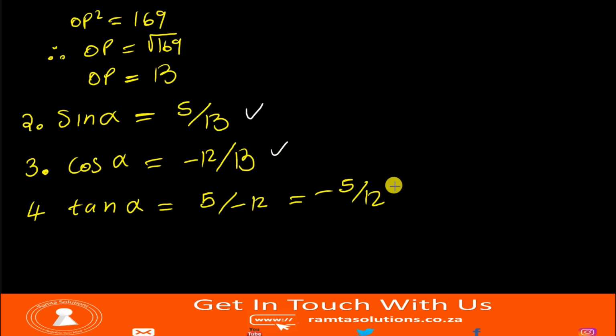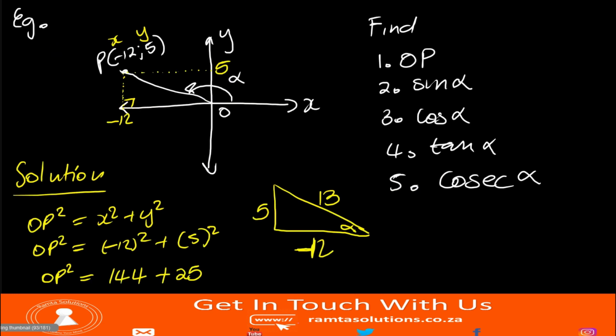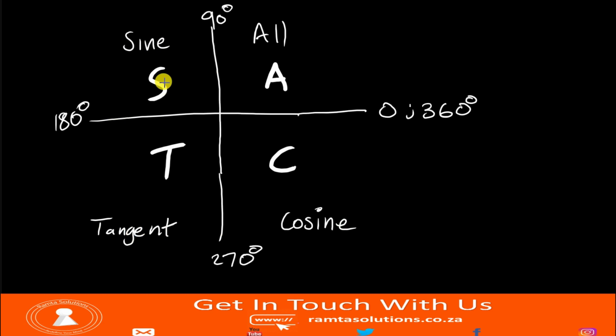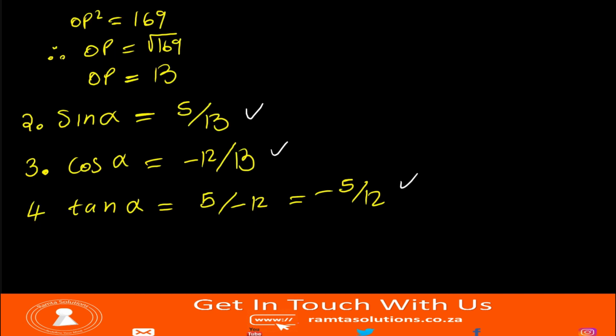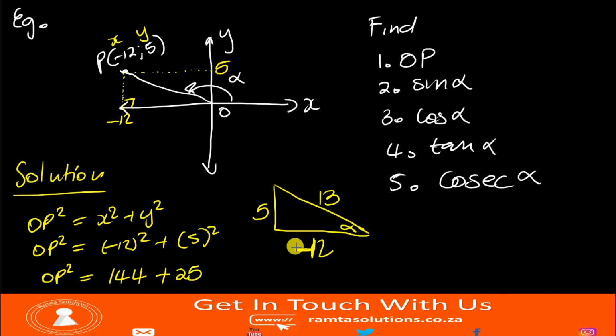Tangent is also negative. Now, let's go to the CAST diagram. In the second quadrant, only sine is positive. Now you get to see why I had to emphasize this point. Happy? Perfect. Now we can check cosec alpha.